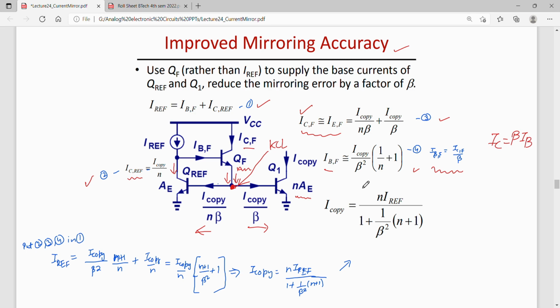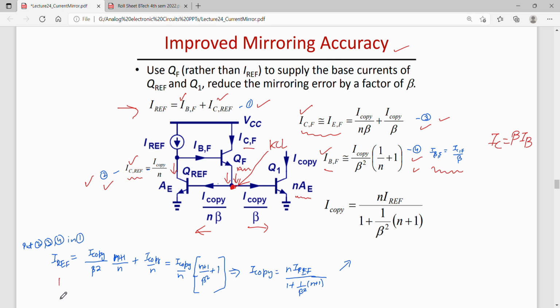Now we'll put equations 2, 3 and 4 in 1. Because IBF we got here, which is required here, and ICREF also we have found here, which requires I copy.